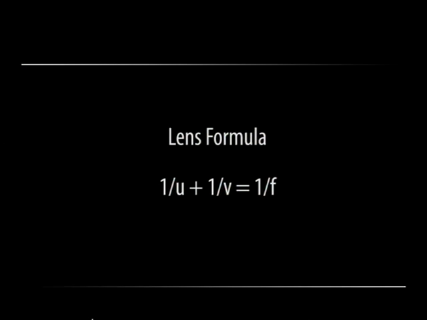We know that in our case f is constant, so when we change u, that is the object distance, we change the image distance. By varying these two, we get to a situation where it satisfies the equation 1/v + 1/u = 1/f. Now you have to adjust the object distance and image distance to get the image sharp on the focal plane, that is on the film.